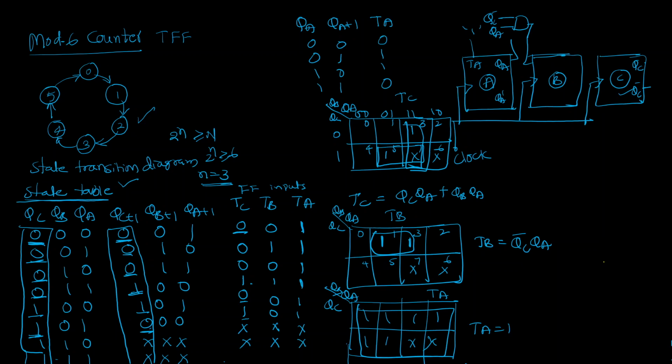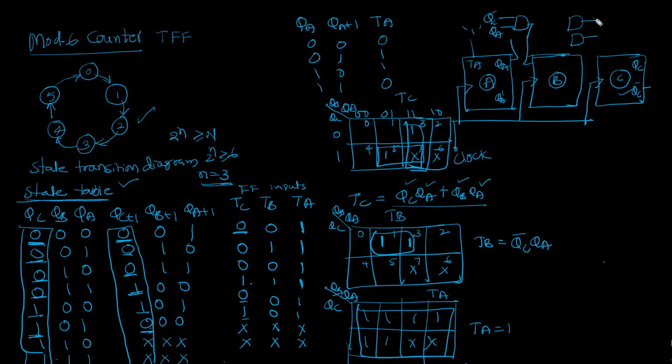Now what about the next? What is TC? TC is this. So I have QA QB and QA QC. I will take two AND gates. One gives one AND term, another gives the other AND term.